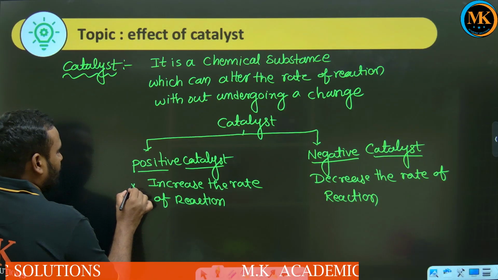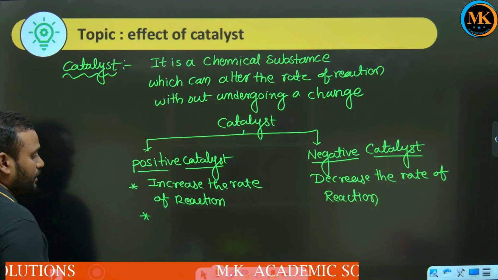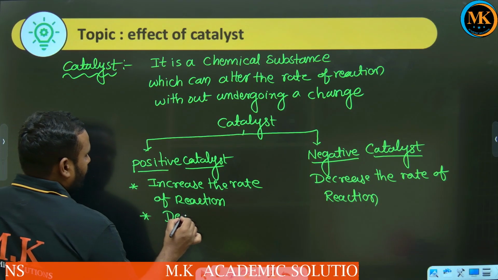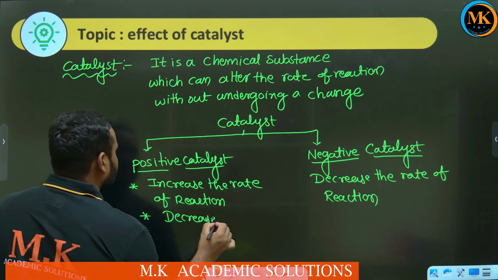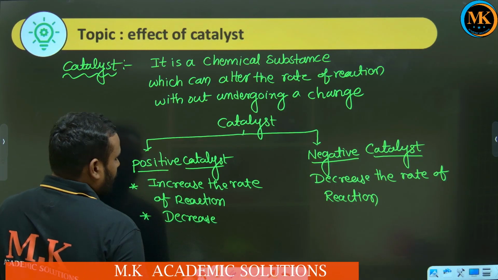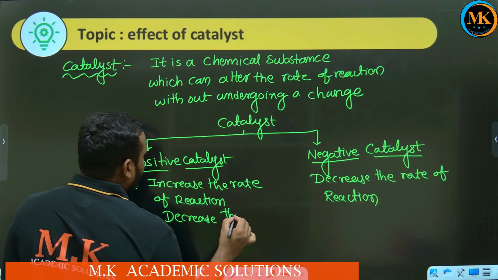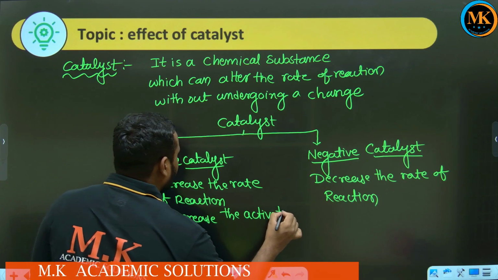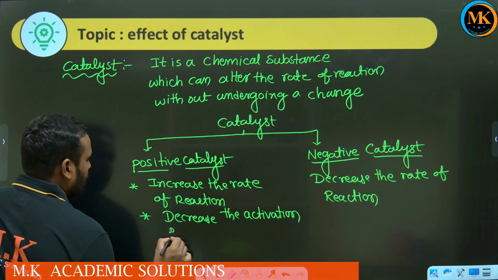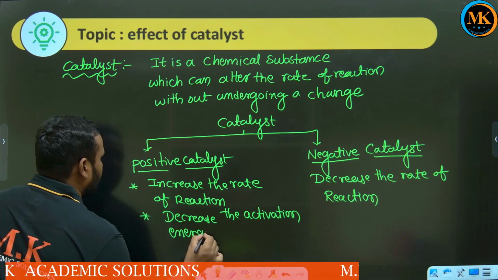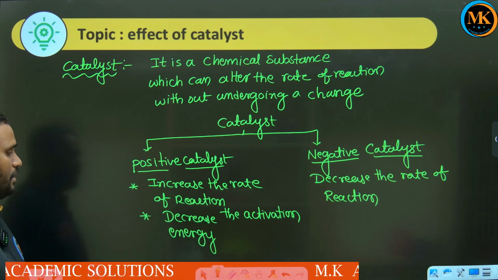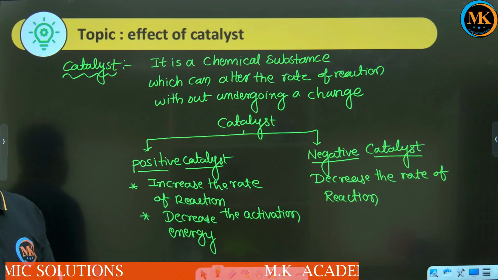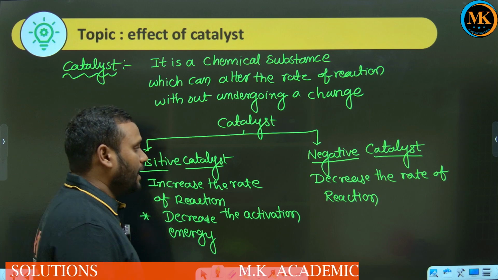So a positive catalyst decreases the activation energy, and a negative catalyst decreases the rate of reaction by increasing the activation energy.